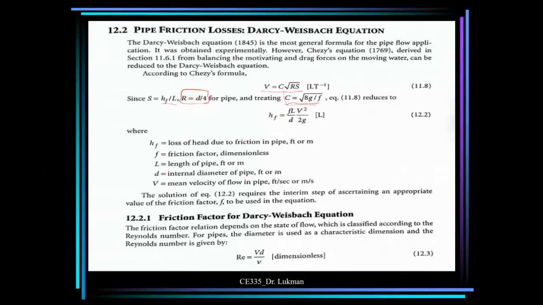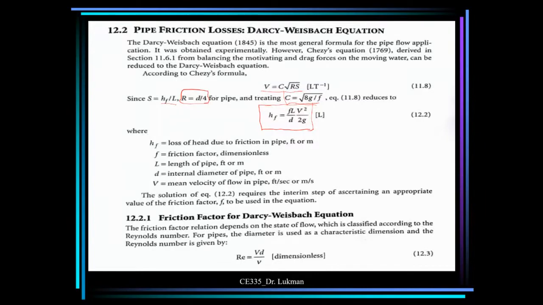If you do that, you will end up with the Darcy-Weisbach equation, HF equals f L over D, V squared over 2g. L is the length of the pipe, f is the friction factor, which is a constant and dimensionless. HF is the head loss due to friction in the pipe, D is the internal diameter, and V is the mean velocity of flow.